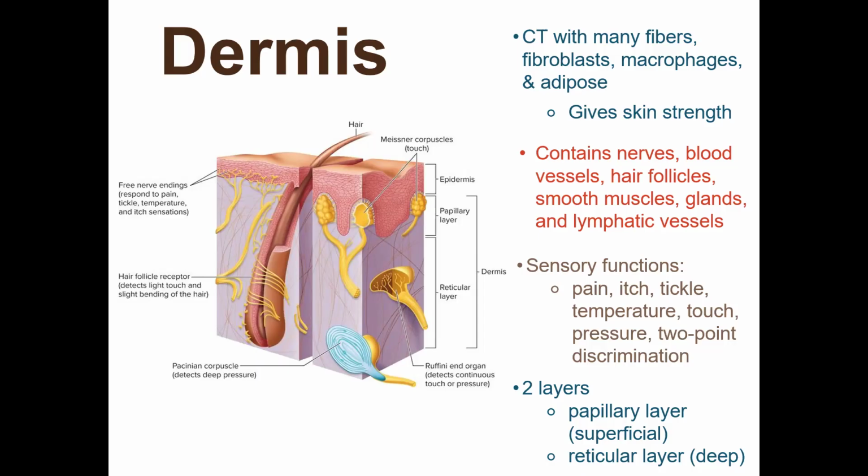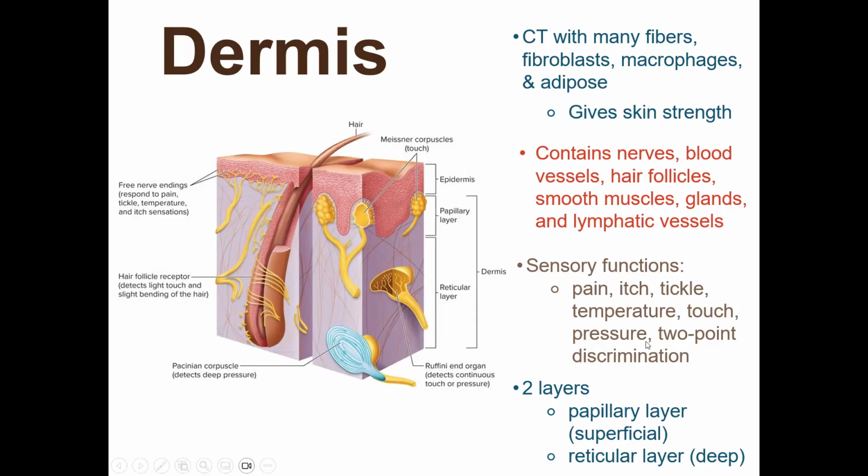It's going to have our nerves, our blood vessels, our hair follicles. So the hair follicle is the pocket the hair sits in. It's not the hair itself. We'll have a smooth muscle that's associated with our hair. And we also find our glands, like our sweat glands and oil glands. And this is where our lymphatic vessels will also be contained along with our normal blood vessels.